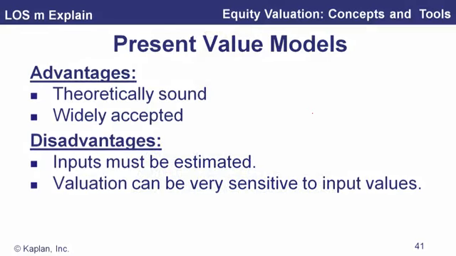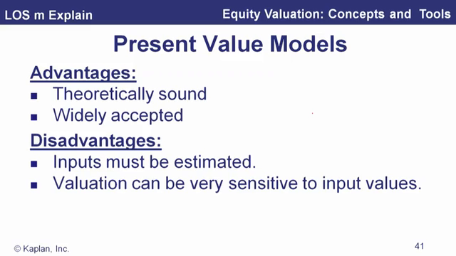So let's compare these models. Present value models, what are the advantages? Well, they're theoretically correct, and they're widely accepted. The disadvantages: the inputs must be estimated. All our future cash flows or all the future dividends forever have to be estimated.